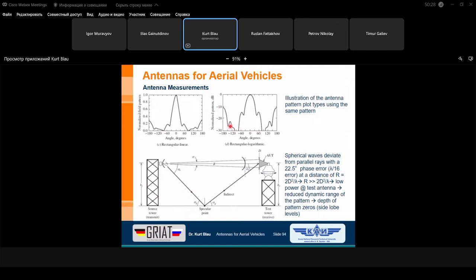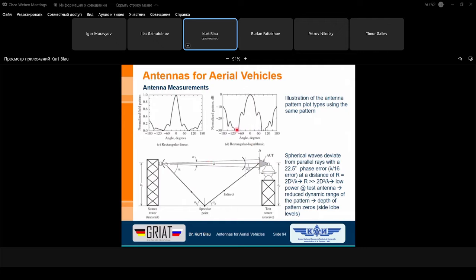It's only minus 10 dB lower than the main beam. And if the illumination antenna has this characteristic, you can see it. This is 0 degrees, the main beam here.